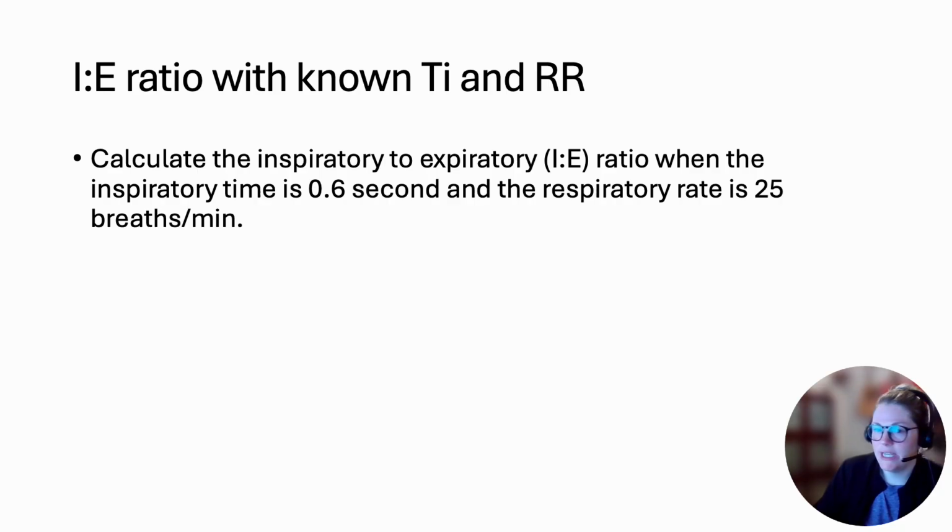Our equation here is going to be, well, first we have to figure out what our expiratory time is. So that's where we'll start. So multiple equations really, but we're going to start with figuring out what our expiratory time is. Total cycle time minus inspiratory time. That's how we're going to figure out our expiratory time.